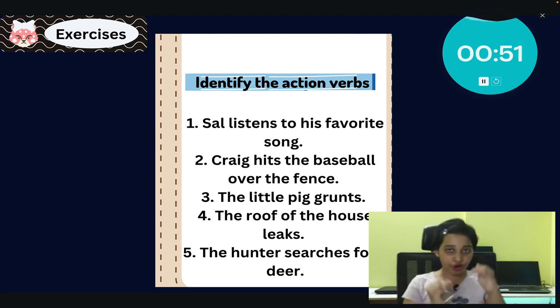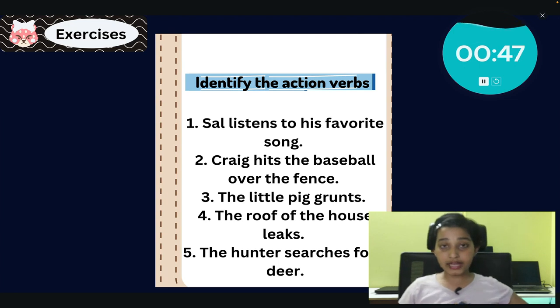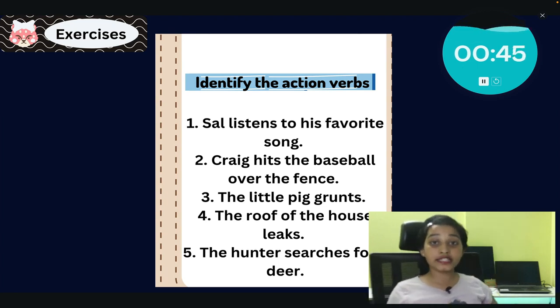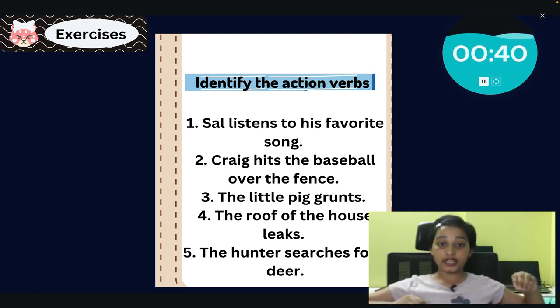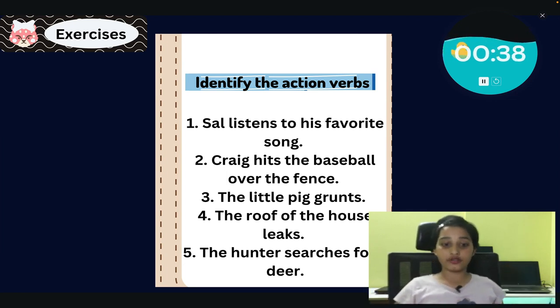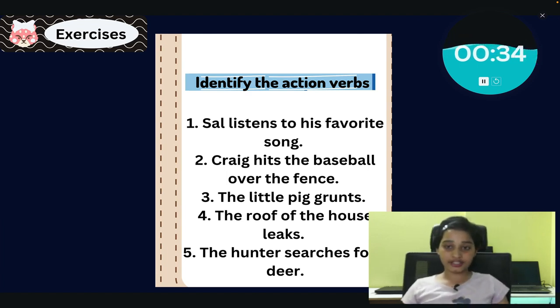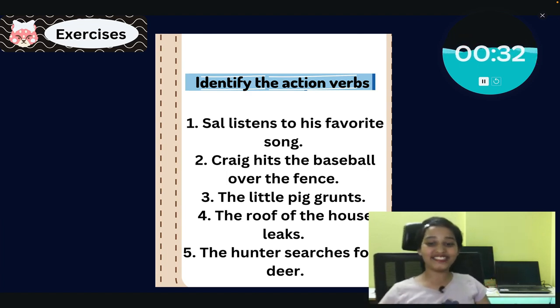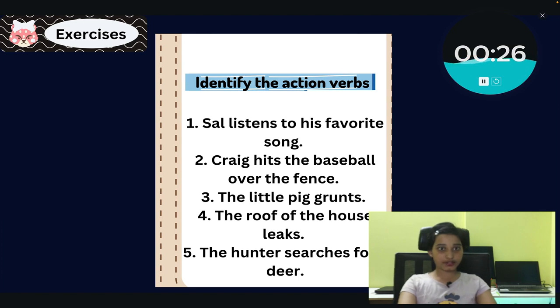The water is gonna drop. Identify the action verb by seeing whether it is expressing itself or not. If it's expressing, then only it can be correct. So see it properly. Okay. See, the duck is going. It's nice, right? Beautiful. I love ducks and swans.